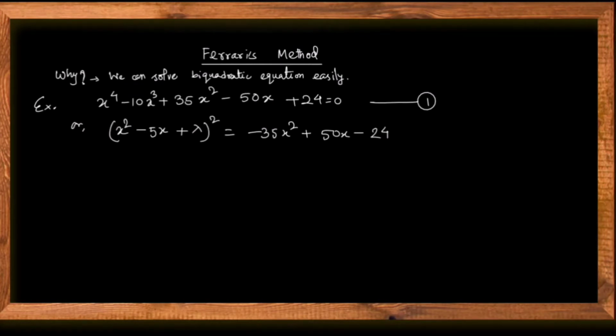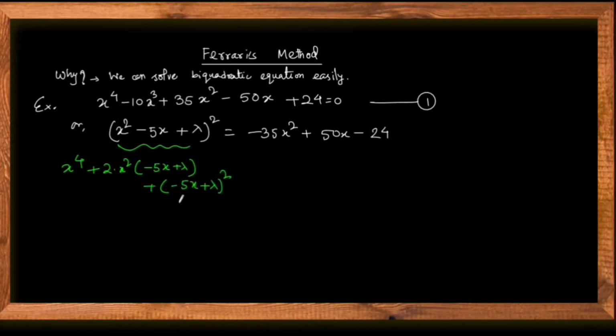So we have introduced lambda. For that there are two extra terms. If we break down this whole square, then we will get x to the power 4 plus 2 times x square into (minus 5x plus lambda) plus (minus 5x plus lambda) whole square.